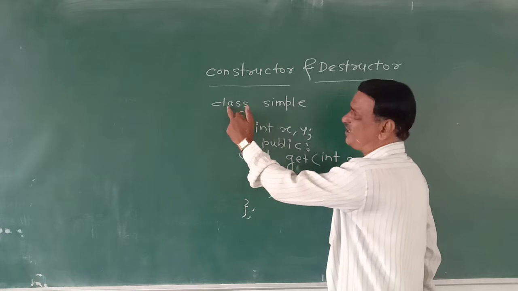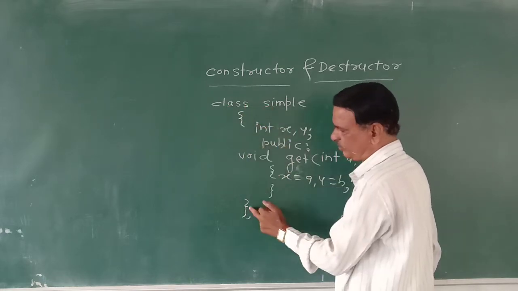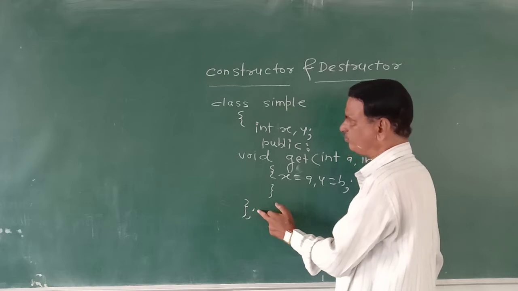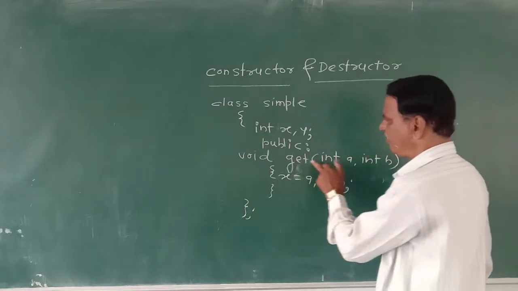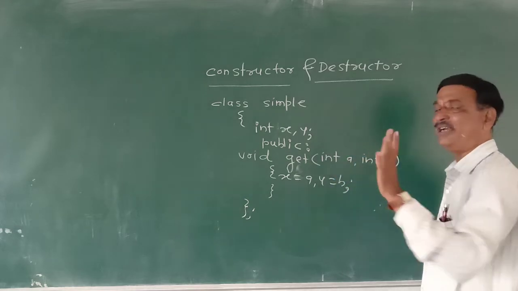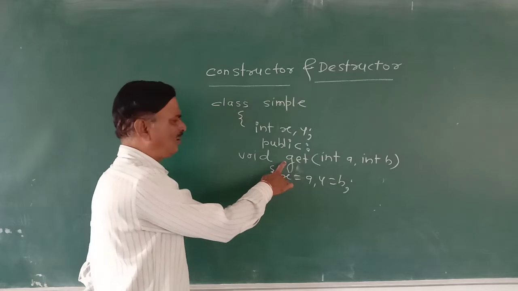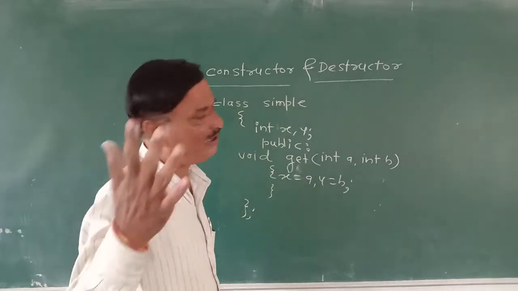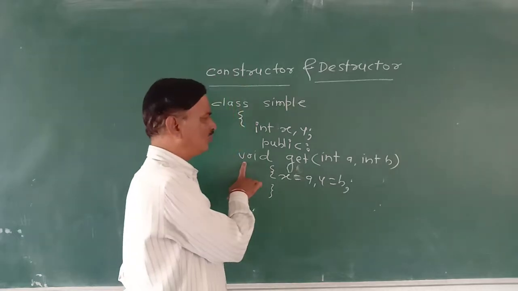So the name of the class is simple. The class body is terminated by semicolon. Data member, integer x. Function member, void get, int a, int b. This is the function name. The function returns nothing, that's void.